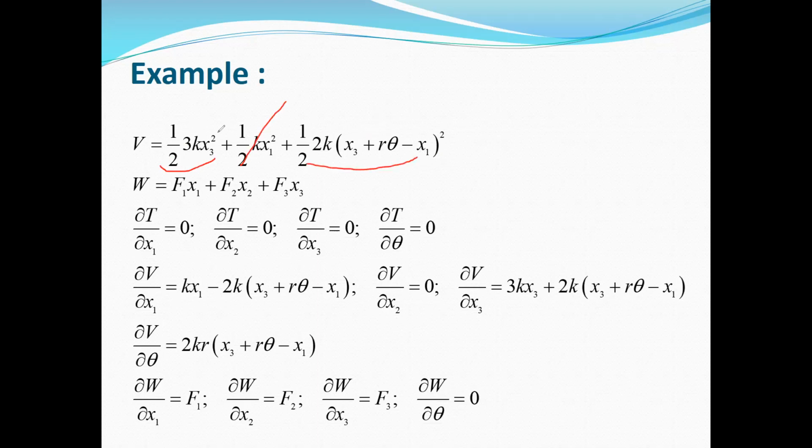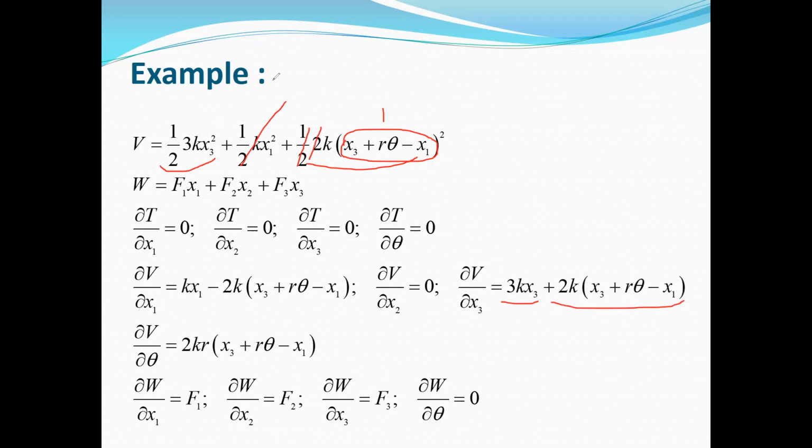So the derivative of this term with respect to x3 is equal to 2 times 3 divided by 2 times k times x3, or 3 k x3. The derivative of this term, this half will cancel out with 2. We will have 2 times k times the derivative of this term with respect to x3, which is equal to 1, multiplied by this term, and it's equal to 2k times this term.